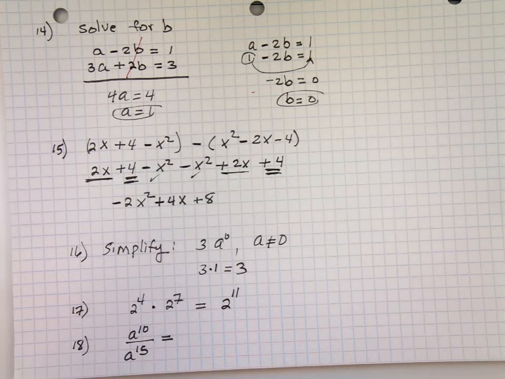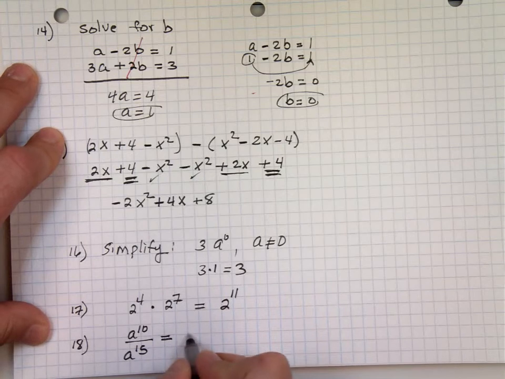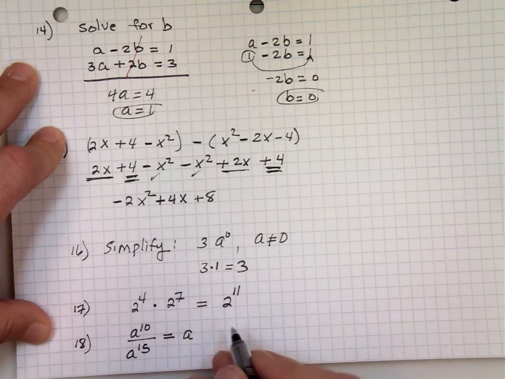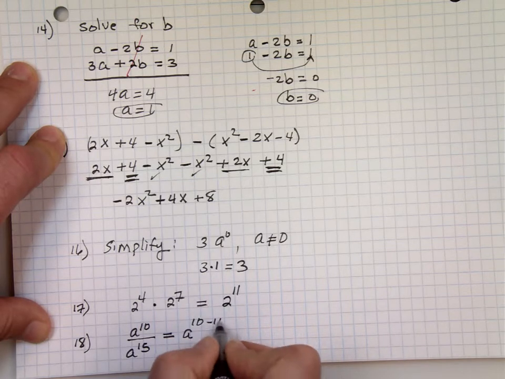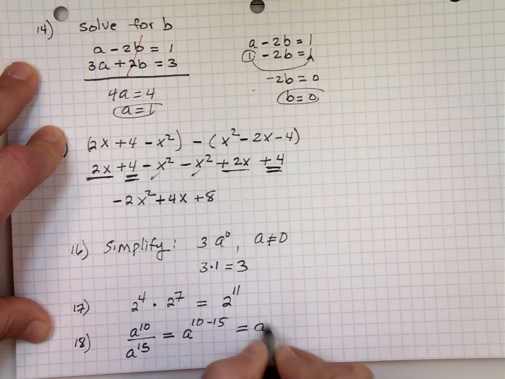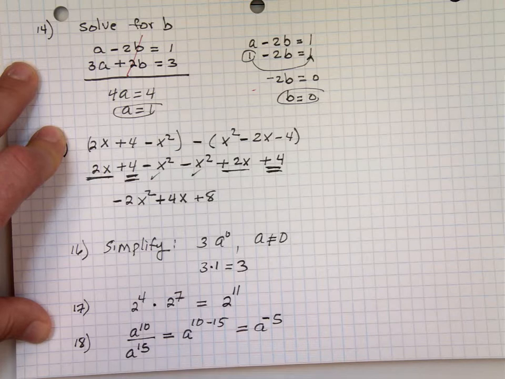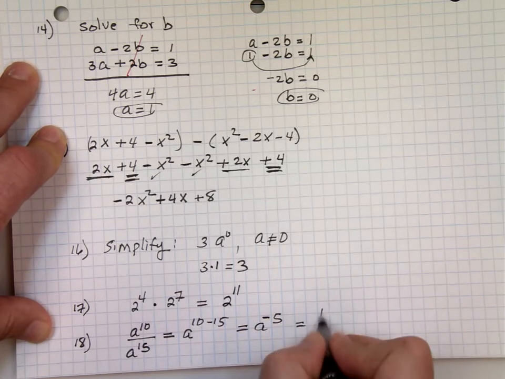Subtract. That's a to what power? 10 minus 15, which is negative 5, right? But you can't leave it as a negative exponent. So it's going to be 1 over a to the 5.